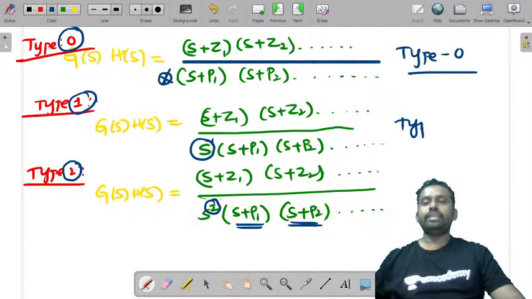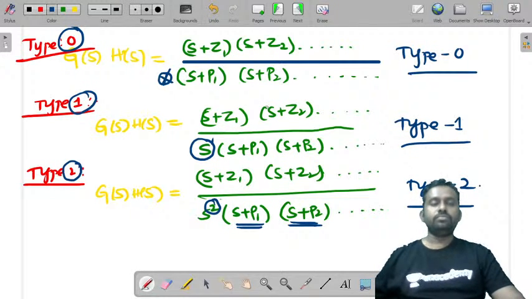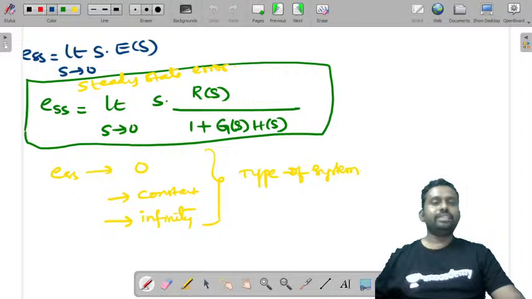So you have type 0. This is type 1. And this is type 2 system. So once we are clear with this type 0, type 1, type 2 systems, we will find steady state error for different inputs. So let's take this expression. You need these expressions.